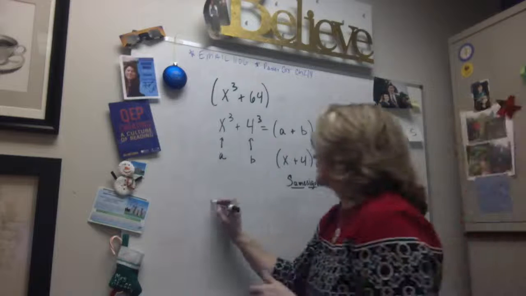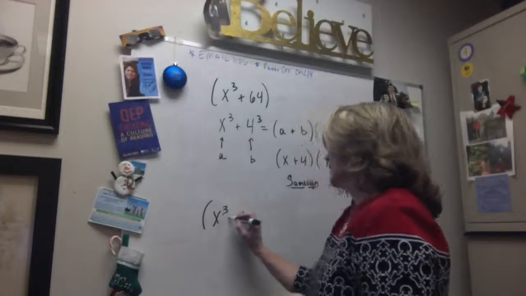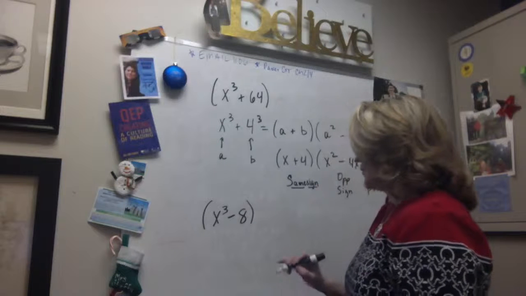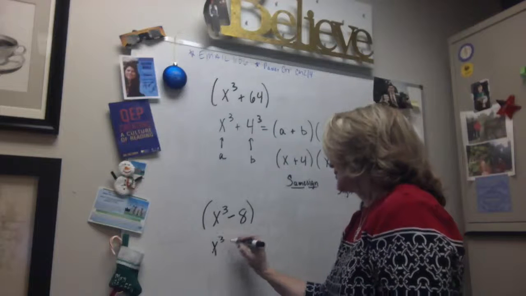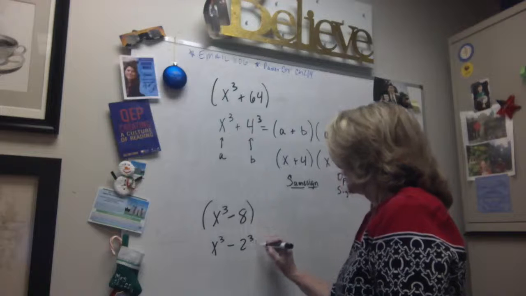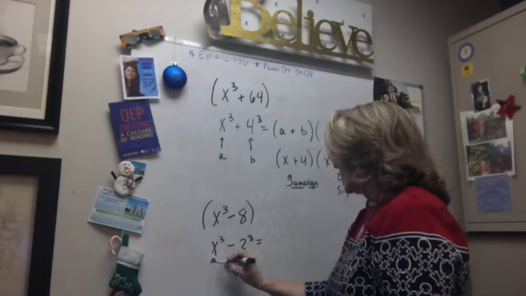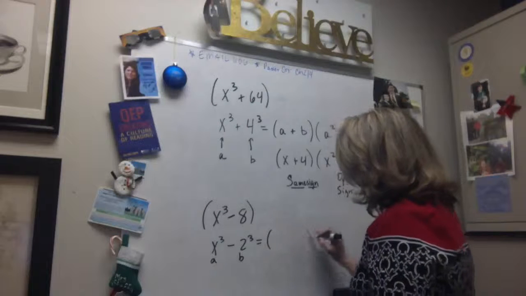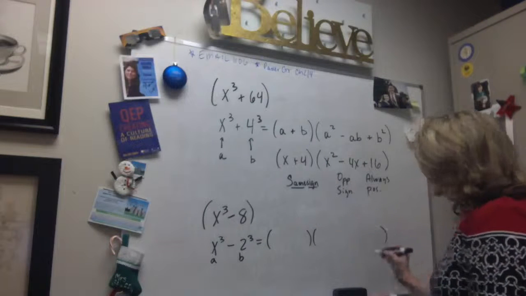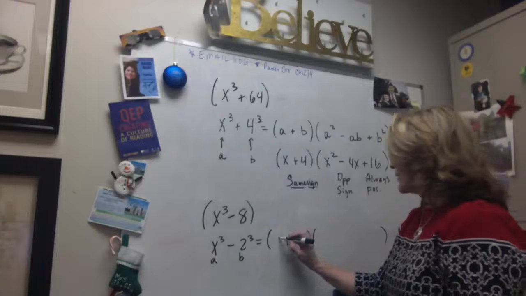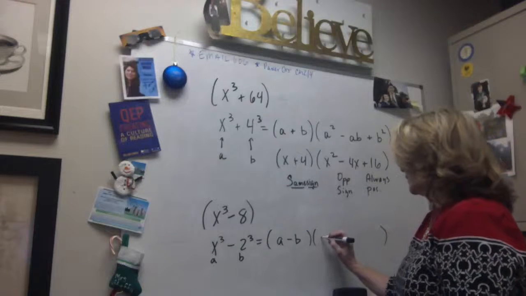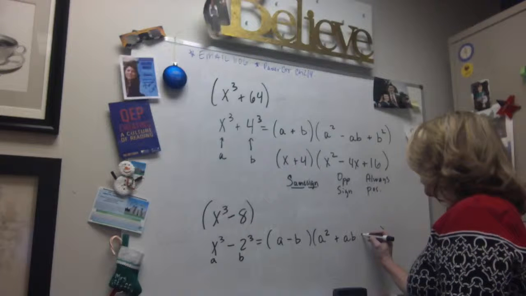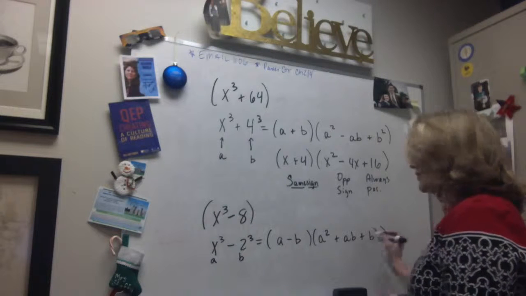Next one. If I have x cubed minus 8, I want to write this as x cubed minus 2 cubed. Now in this case, my A is x and my B is 2. And the setup here is similar, but not exactly the same. I want to say A minus B, times A squared, plus the product of A and B, plus B squared.